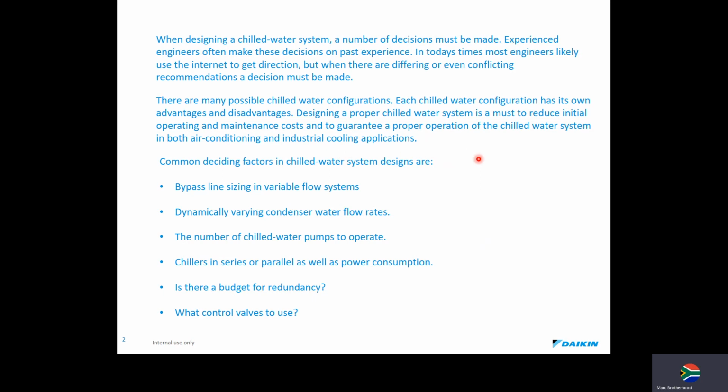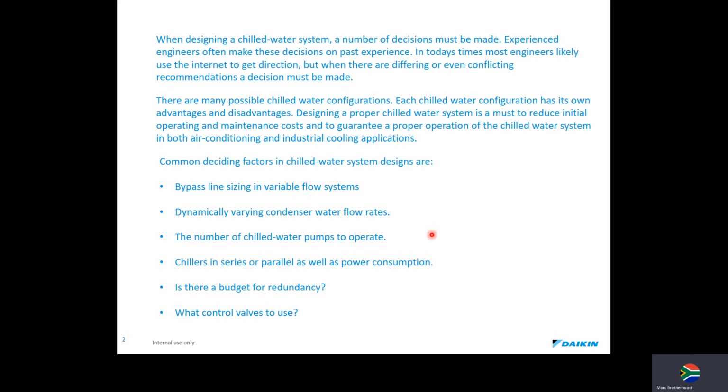So what are some of the things that we need to look at and decide on? Well, common deciding factors would be bypass line sizing for systems designed with variable flow designs, dynamically varying condenser water flow rates. So when you see the word dynamically, it always refers to something that's moving, okay?